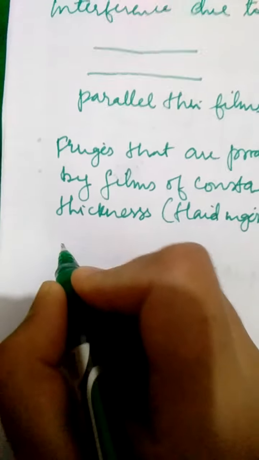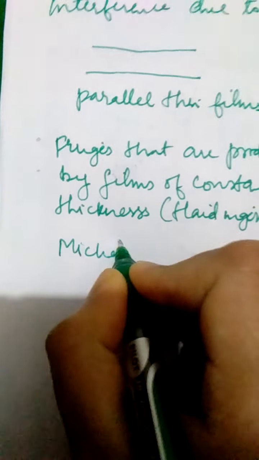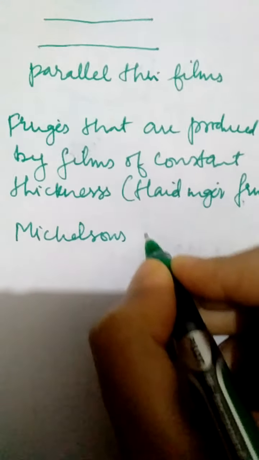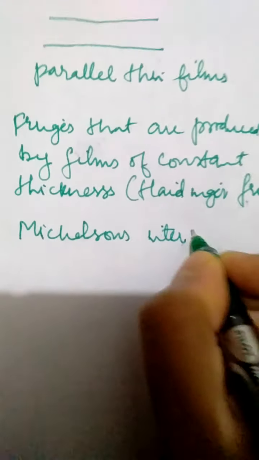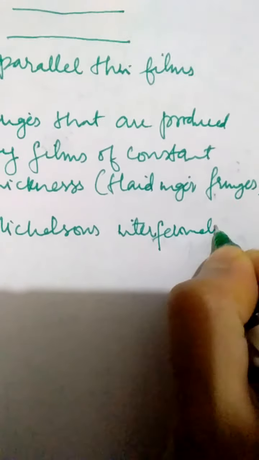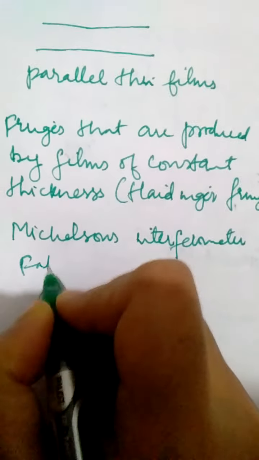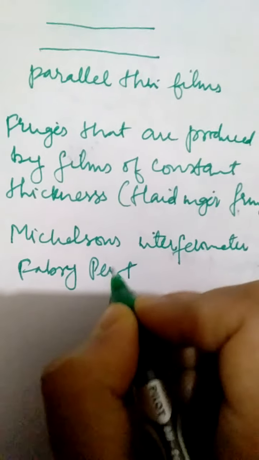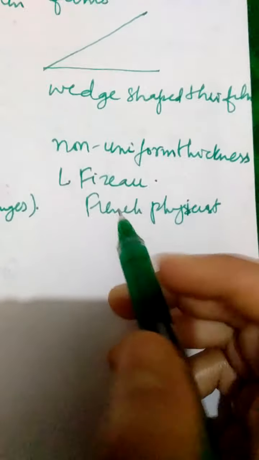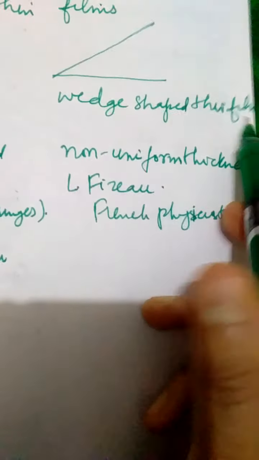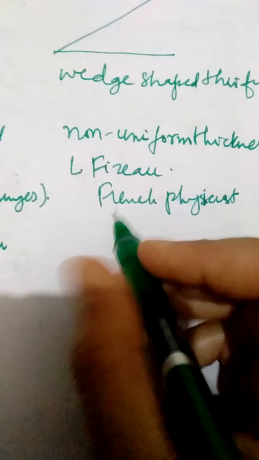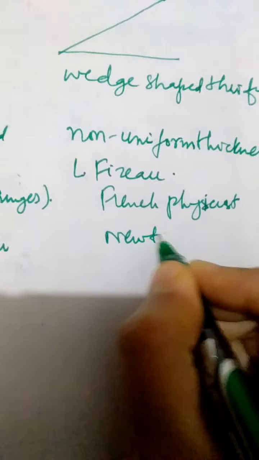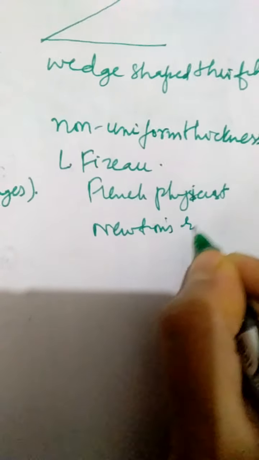Now, the typical example of Haidinger fringes are those produced in Michelson interferometer or Fabry-Perot interferometer. You are going to do all of this in the lab work. And the typical examples of Fizeau fringes produced in wedge-shaped films are those in the Newton's rings. You have done that in the lab.